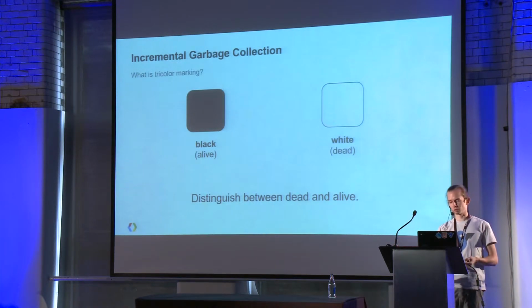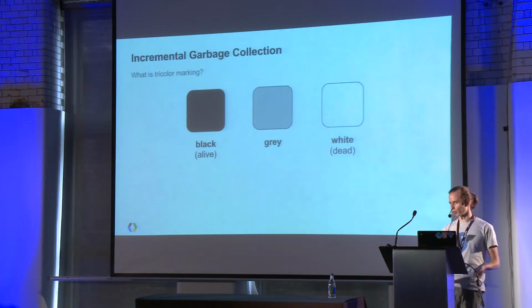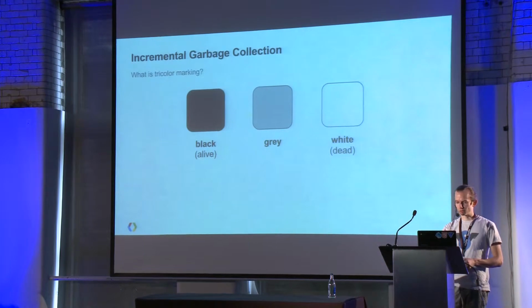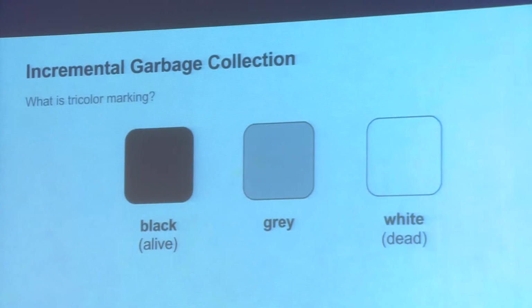But as in the real world, not everything is black and white. There is gray in between. And for a garbage collector, gray basically means this object is going to be black, but we didn't actually look at it yet. So if you think about the graph traversal that the marking step does, it has to find out whether an object is reachable.